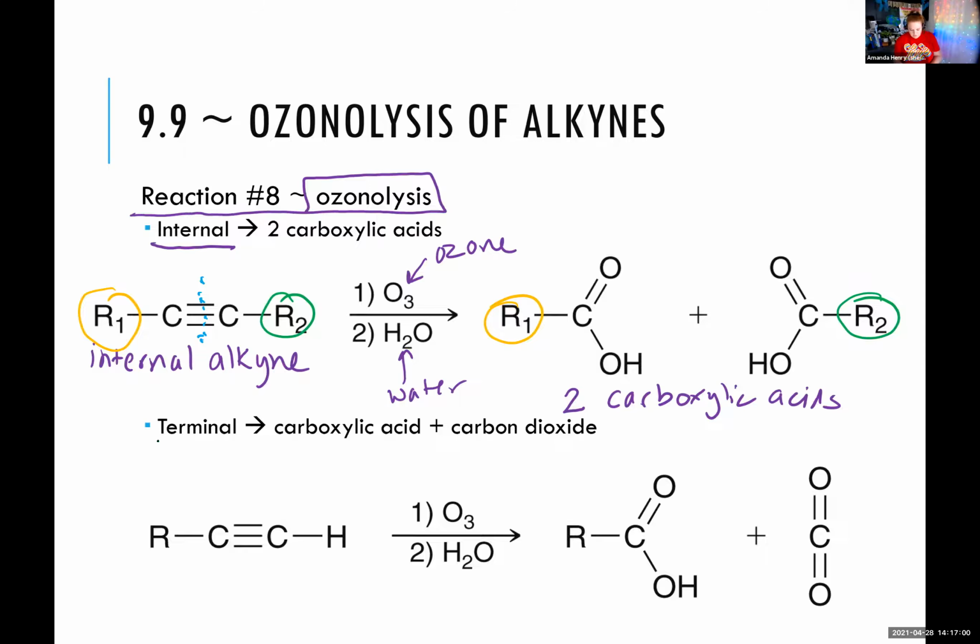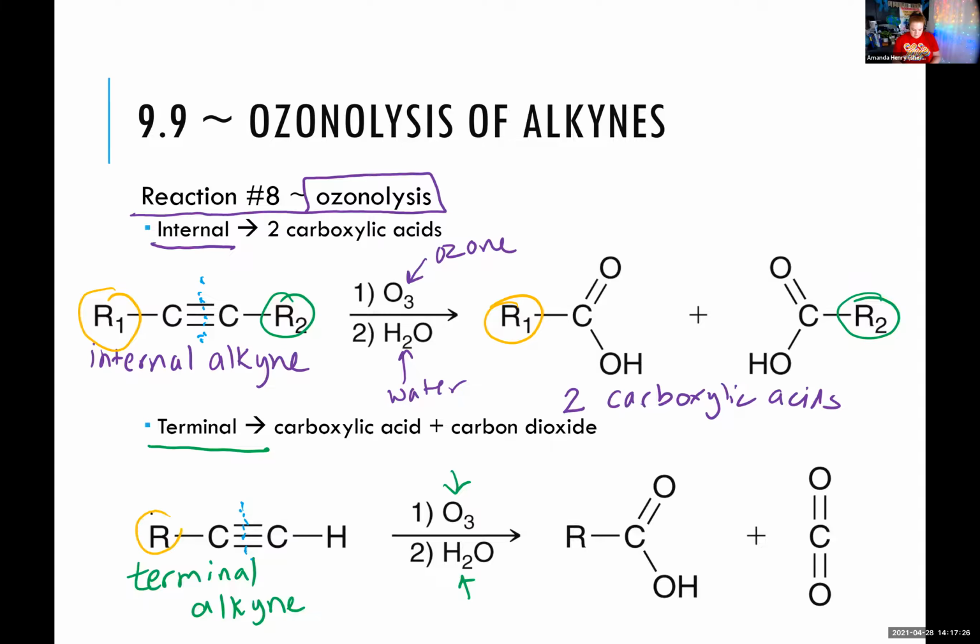So let's look at the terminal one down here. So here's our terminal alkyne. I did not spell that right. Same reagents, ozone and water. We're still going to cut that triple bond in half.